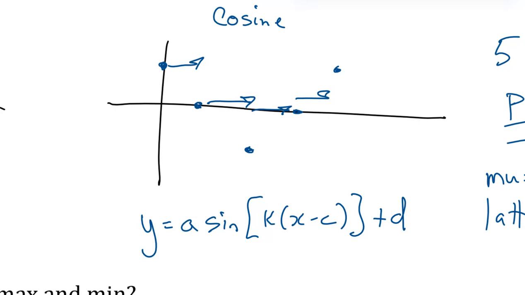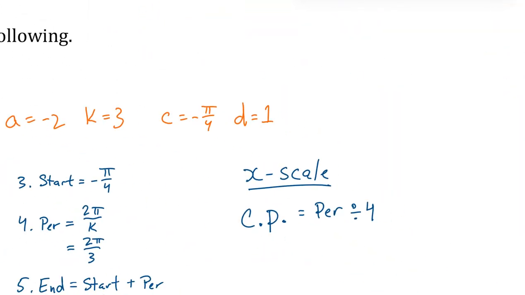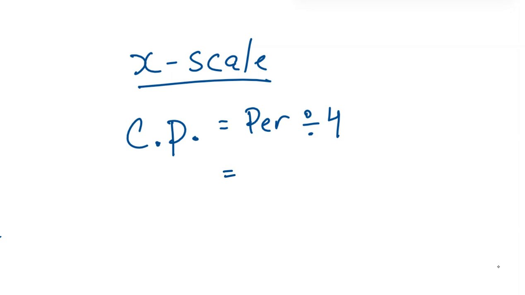So when I divide it by 4, there's 5 points. There's 5 points, Mohammed. But that breaks it up into 4 equal lengths. So we want to divide by 4. So always divide by 4.